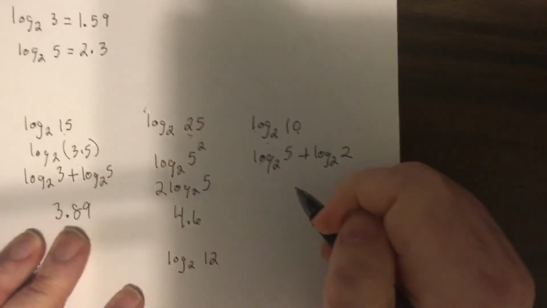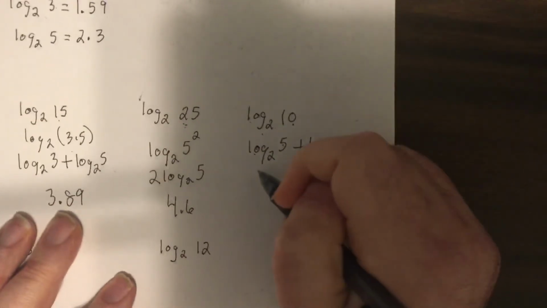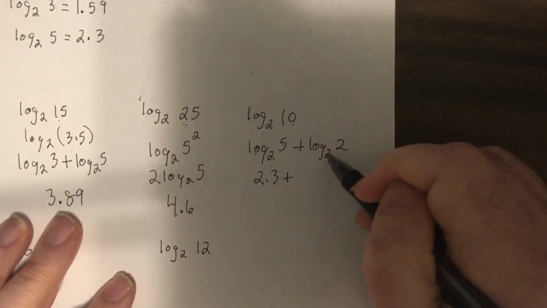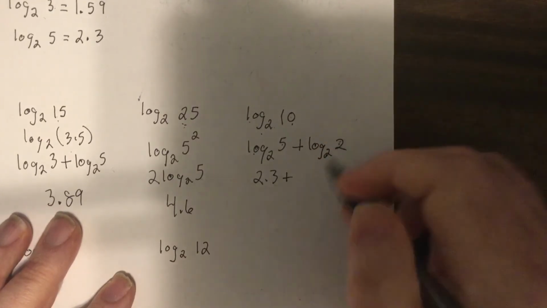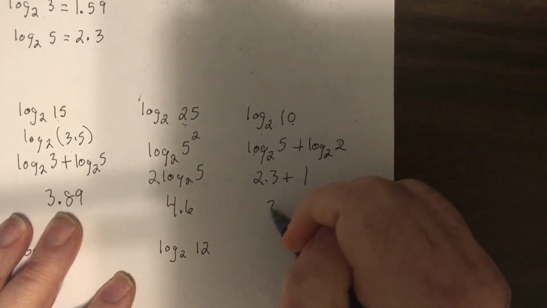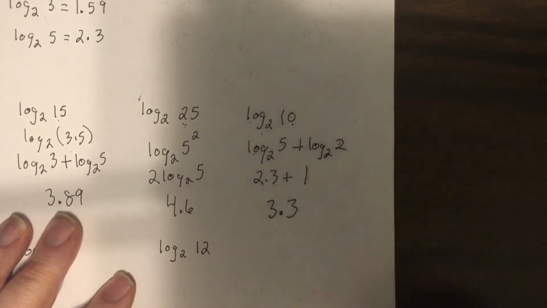So log base 2 of 5 is 2.3. Whenever the base is the same as what you're taking the log of, the answer is 1. Or 2 to what power is 2? So it'd be 3.3.